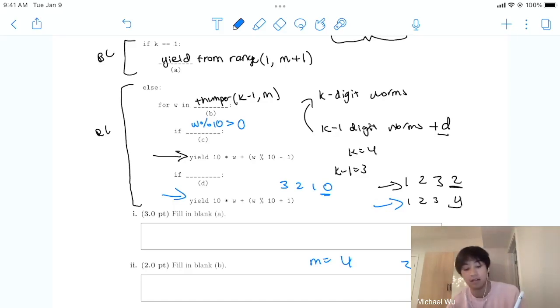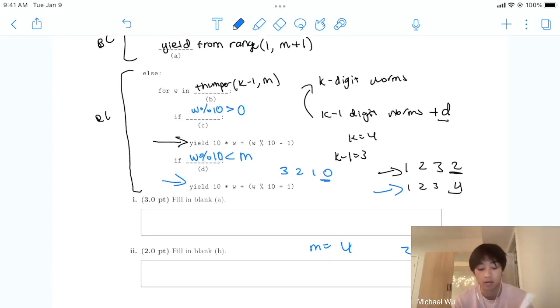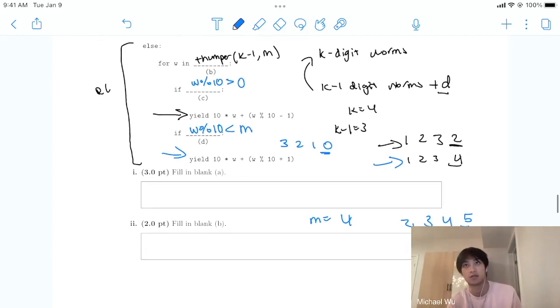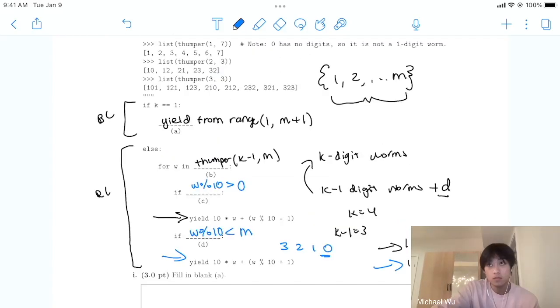So this is the second constraint where we want our last digit, w mod 10, to be less than m. In that case, we can safely yield this worm that tacks on a digit that's greater than the last digit.